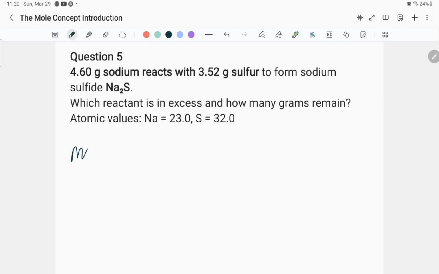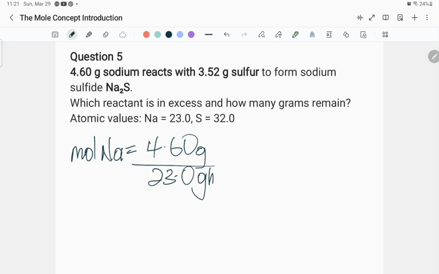So the number of moles of sodium is going to equal mass, which is 4.60, divided by the atomic value, which is 23.0 grams per mole. Then that will be 0.200 moles.